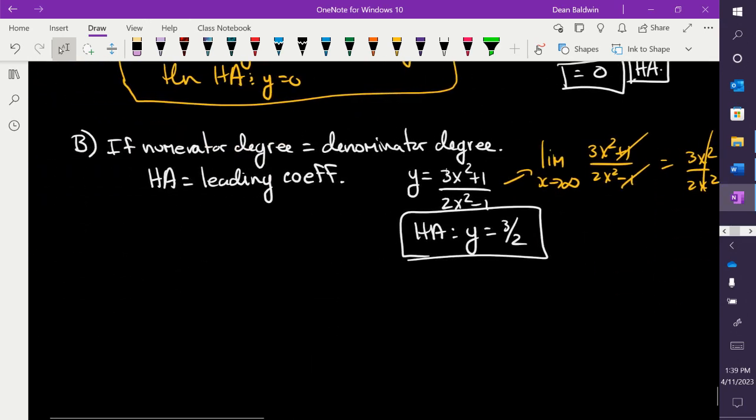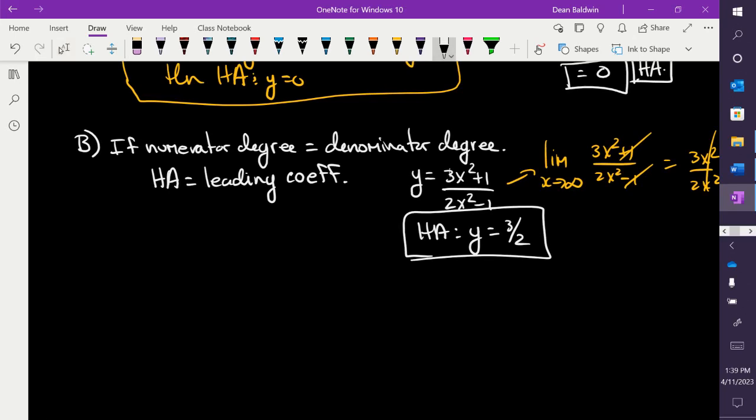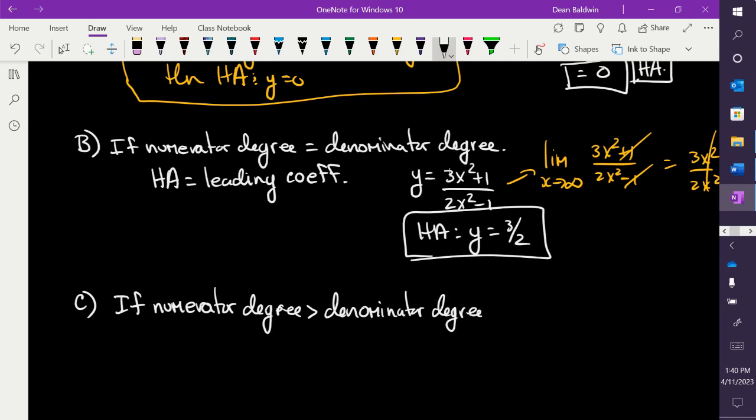All right? And then the last one that we did in Math 12 is we said if the numerator degree is greater than the denominator, there is no HA.